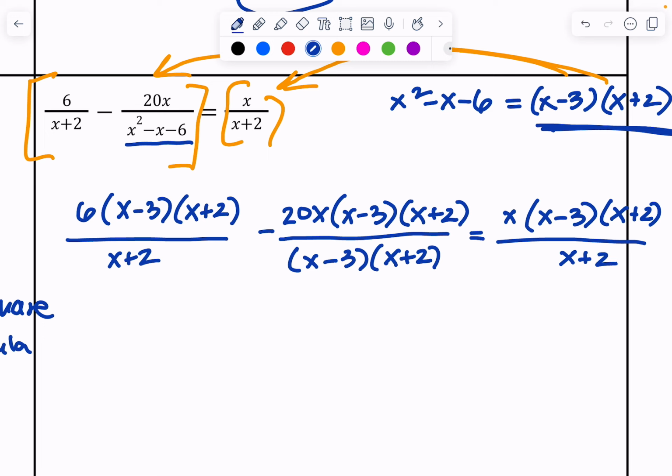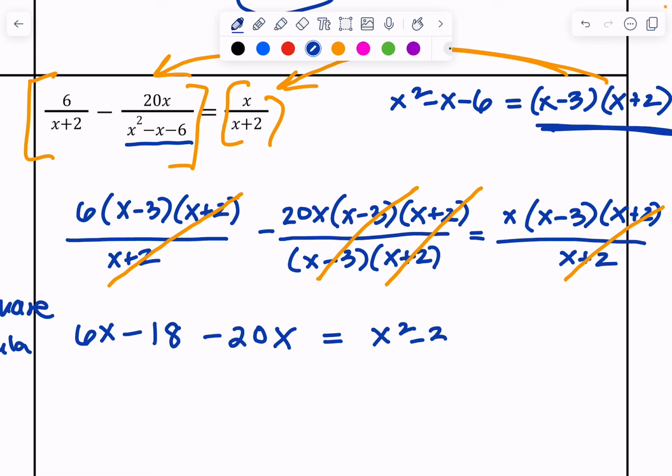Now we can cancel some stuff out, so I'm going to cancel these two out, both of these out, and that one out. And I'm left with 6x minus 18. I'm going to go ahead and distribute as I go. Minus 20x equals x squared minus 3x.